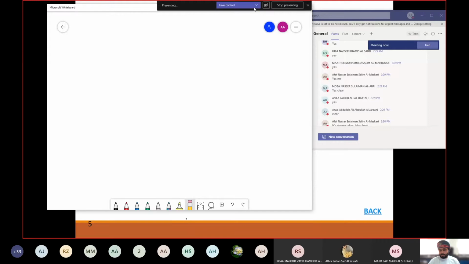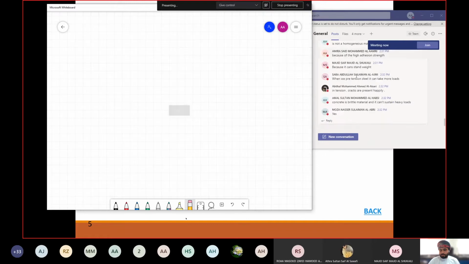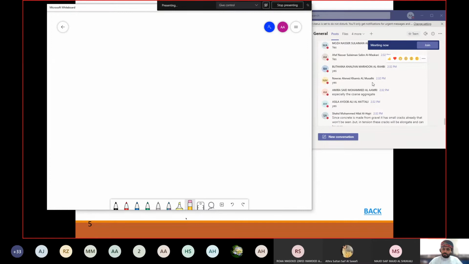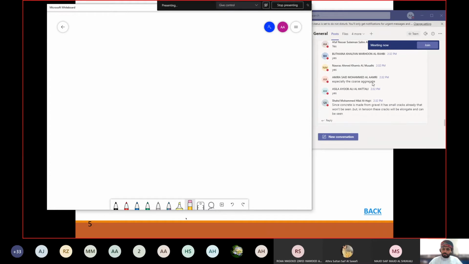Now, are you able to see this whiteboard? Are you able to see this whiteboard? Okay. Now see, in order for me to explain this easily, I need to return once again to the origin of the material.